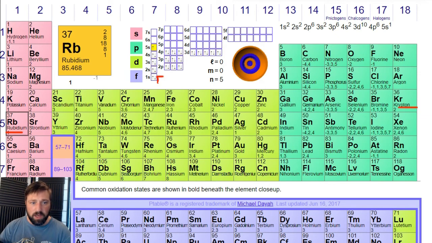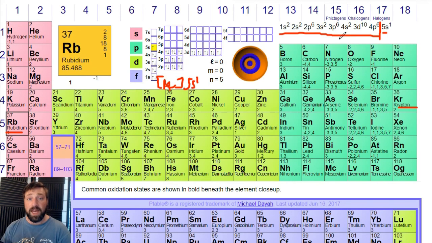So I would just write in brackets the symbol for krypton, Kr, and this is an abbreviation for all the electron configuration for krypton, which is the vast majority of the electron configuration for rubidium. The only difference between krypton and rubidium is this last little bit, the 5s1. So we say it's krypton and then 5s1. Krypton 5s1. That is a good abbreviated version of this.